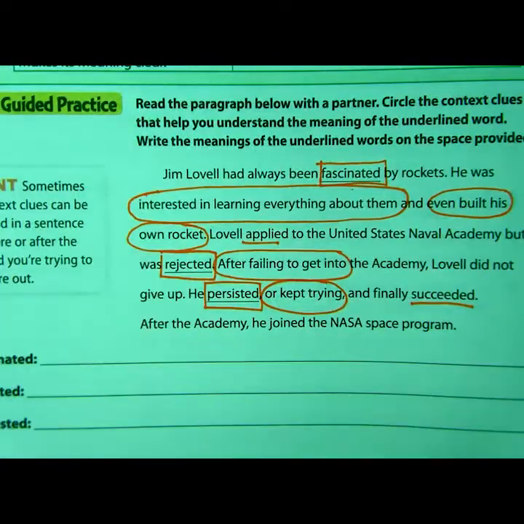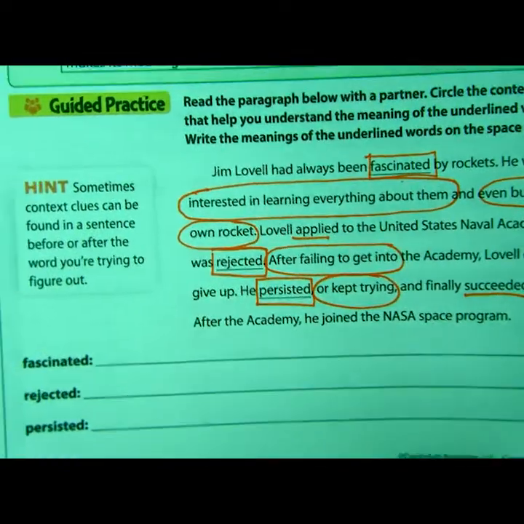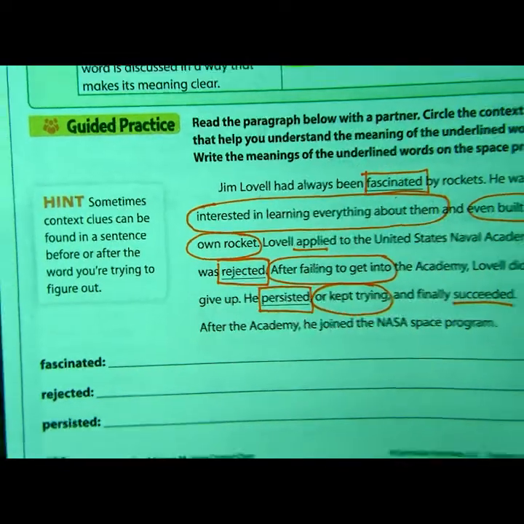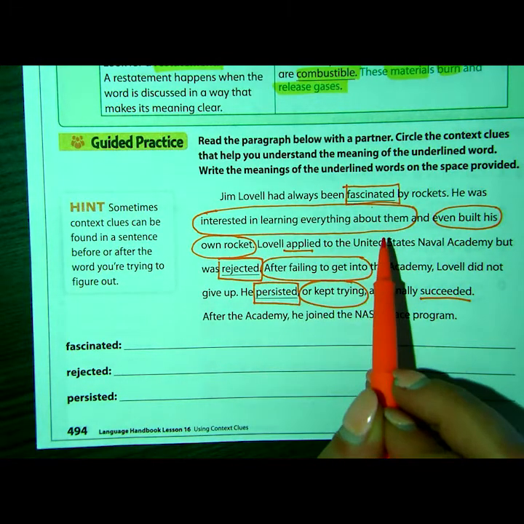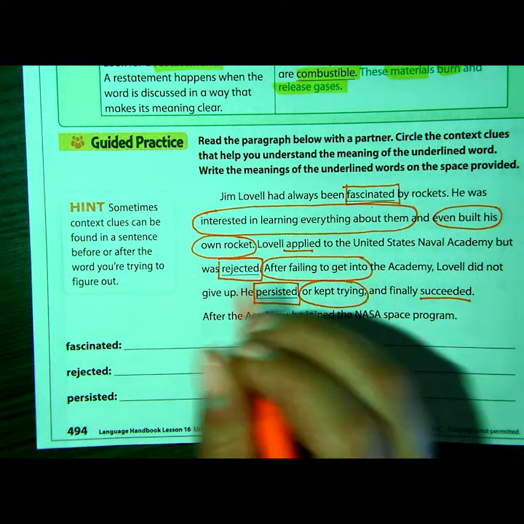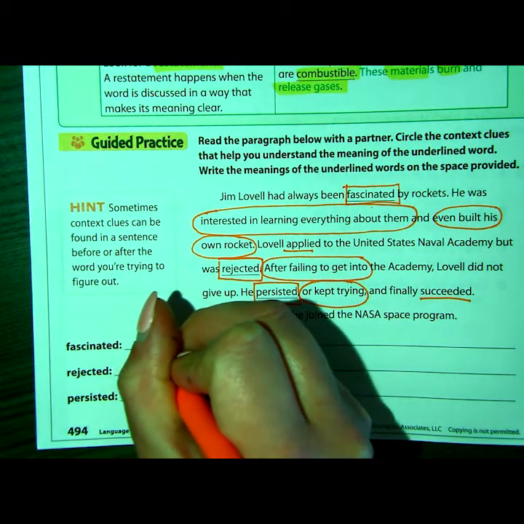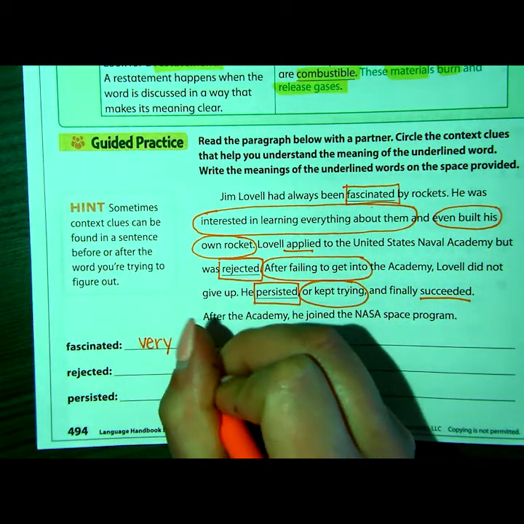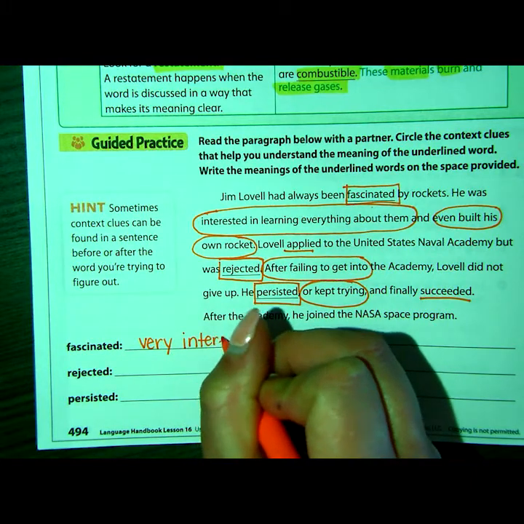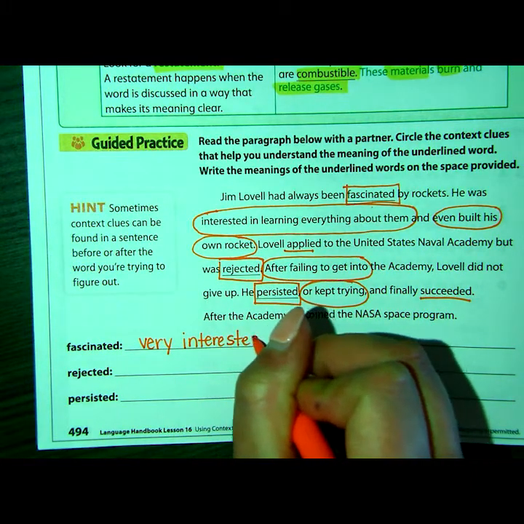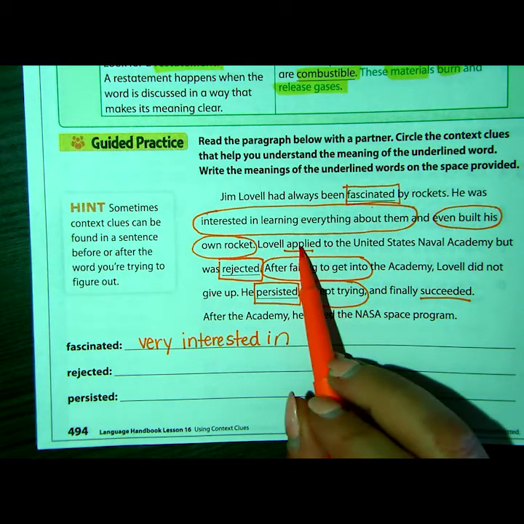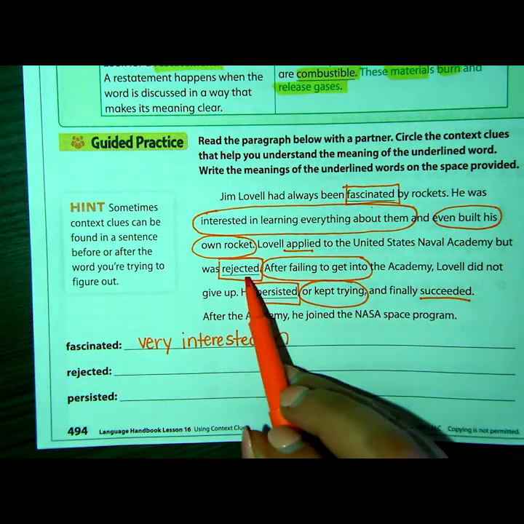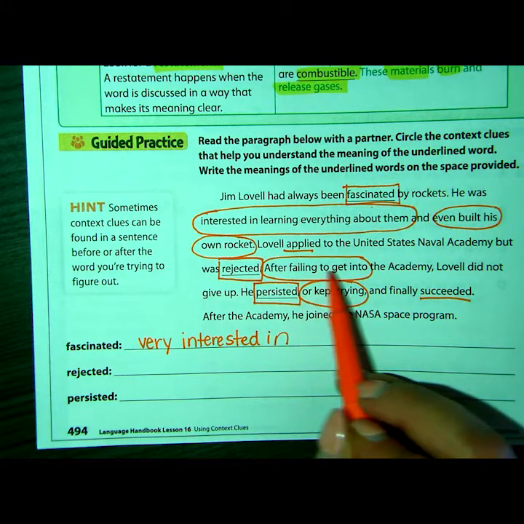So let's look. Now we have to figure out what is the meaning then of fascinated. Well, if he was interested in learning everything about them, I think we can agree that that means he's very interested in it. Fascinated means very interested in. And rejected, we said, well, he applied to this academy, he was rejected, and then it said after failing to get into the academy.